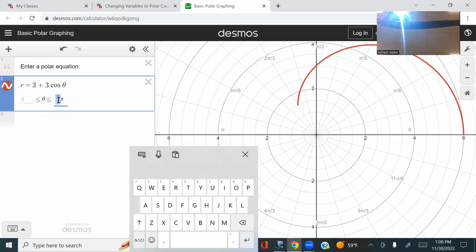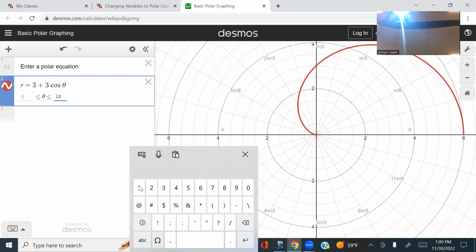Let's try 1 pi. Not quite, that's half of the cardioid. So our standard choice, 0 to 2 pi, looks like it might be the right one.